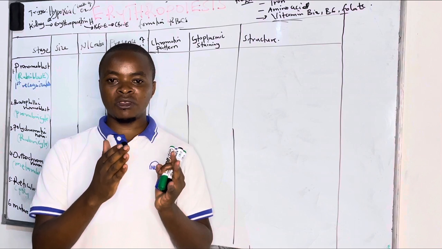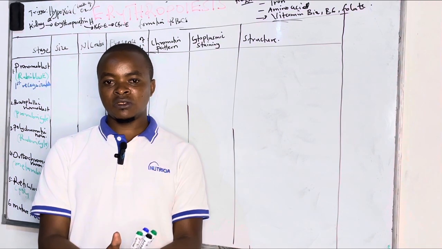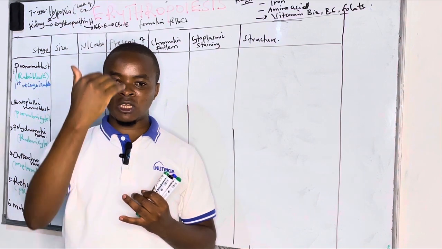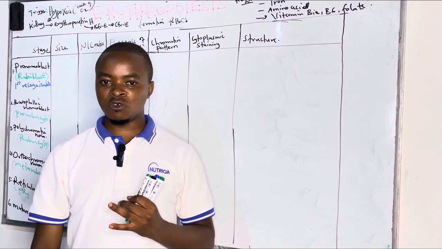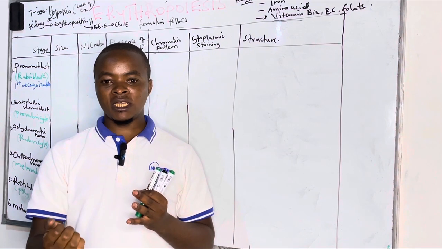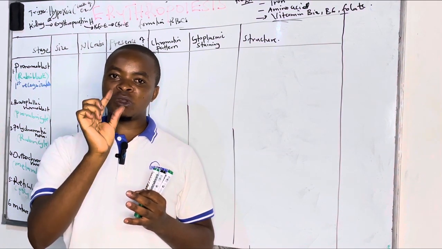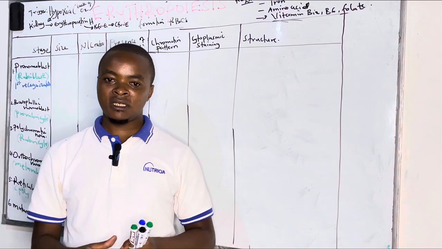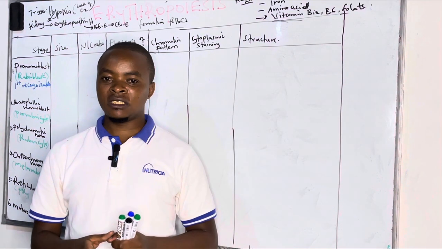So we shall see the nuclear cytoplasmic ratio reducing. And point number 3 is that as the cell matures from pronormoblast to the mature one, the chromatin pattern keeps on becoming condensed or clumped. It begins fine, then becomes condensed, more clumped, until the nucleus is removed.